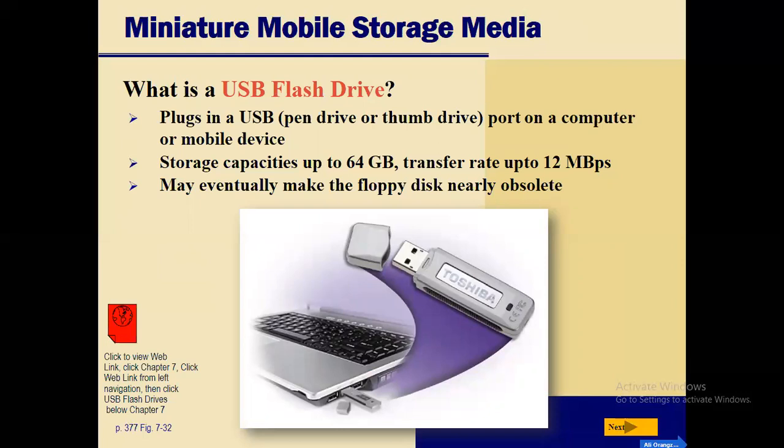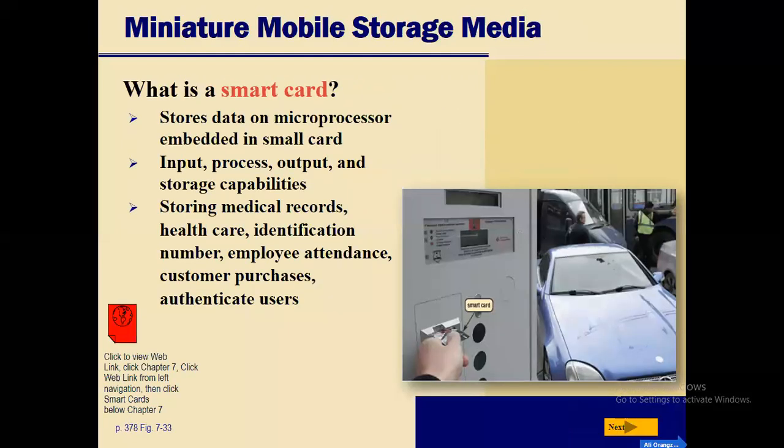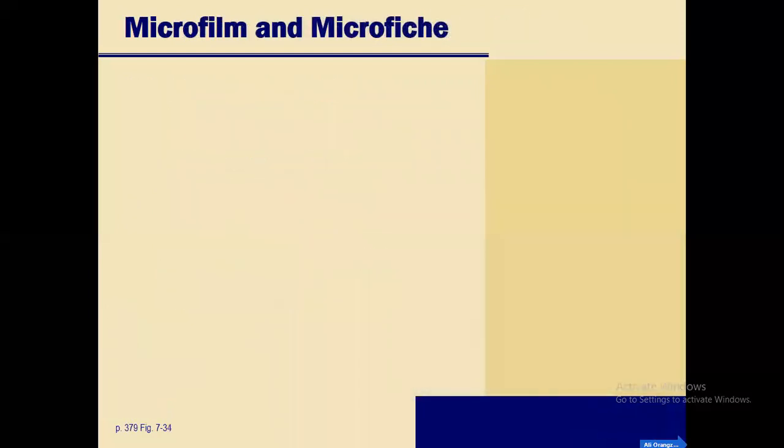We can also use external hard drives, and external hard drives are available up to 1 terabyte and up to 2 terabytes. And smart cards store data on a microprocessor embedded in a small card, where input, process, output, and storage capabilities are available, storing medical records, healthcare identification numbers, whereas customer and employee data are also stored.